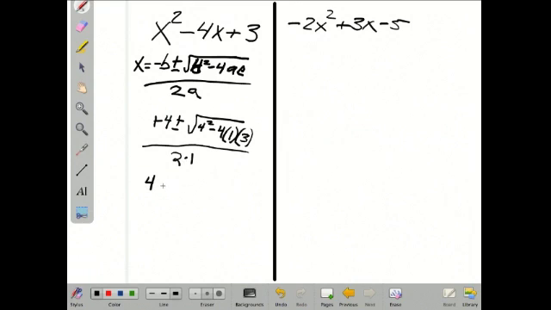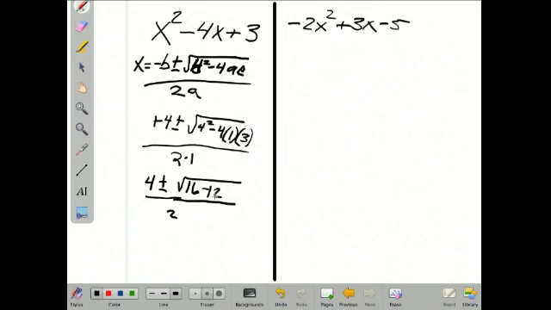So 4 plus or minus the square root of 16 minus 4 times 3, which is 12, times 1 is 12, so minus 12, all over 2. Alright, it should be all over 2.